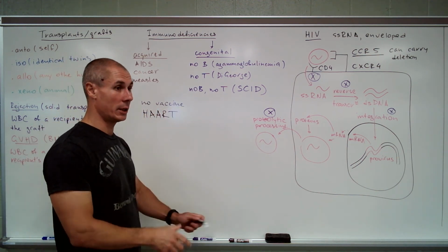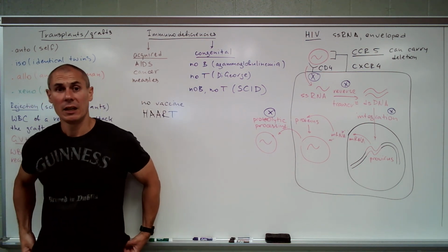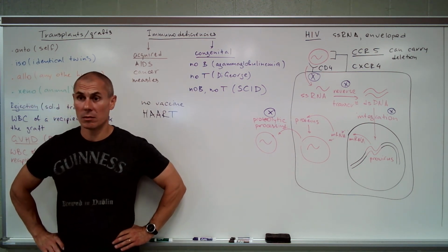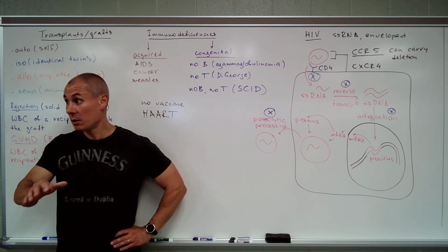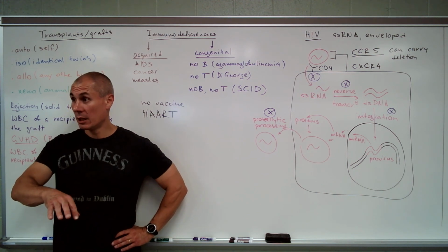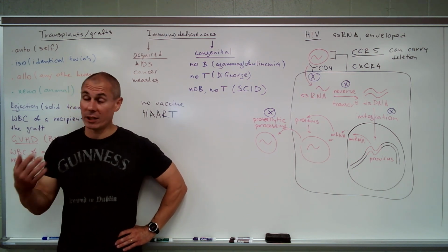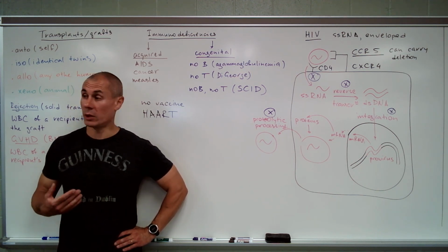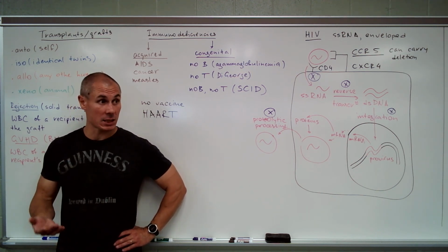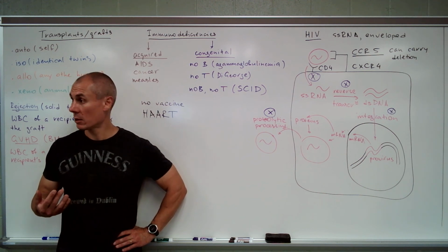So people who are in the HAART, most of them don't have detectable levels of virus in the blood. They're still infected. Does that make sense? You just can't detect the virus in the blood. And those people can't transmit. So in case of unprotected sex, they can't transmit. Okay?